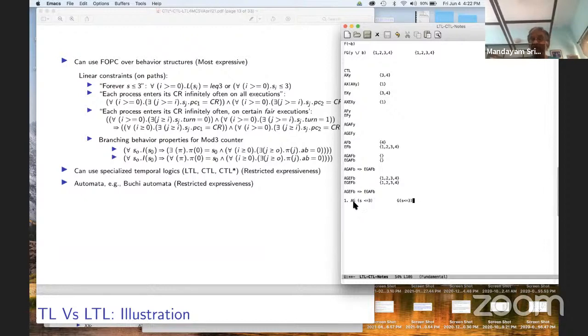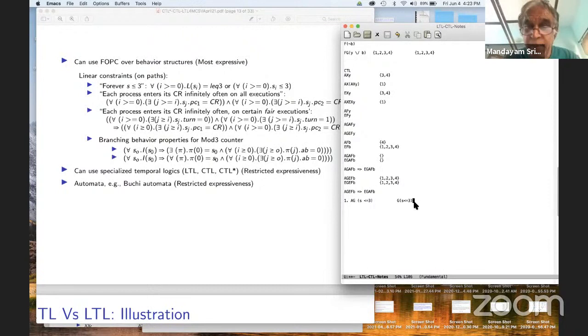When you interpret it as a CTL formula, you would put AG, and then check that every initial state satisfies this. When interpreted as an LTL formula, you generate your linear behavior starting from any one of the initial states, and then see if for every such linear behavior, which are execution traces, this condition gets satisfied.